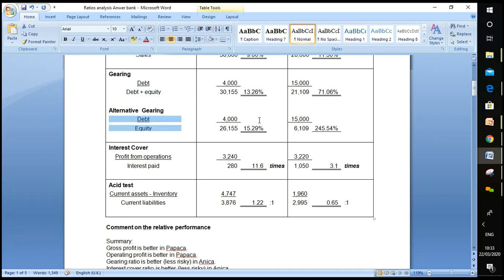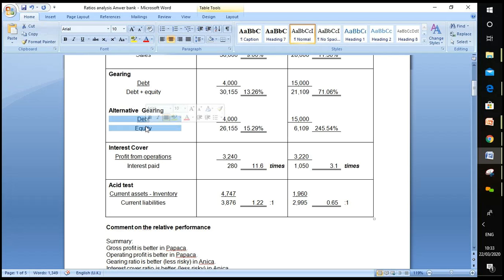So they have 15.59% debt, and 84.71 percent is the equity figure, which is quite good if we look at this alternative gearing formula. So they have more equity, less debt.